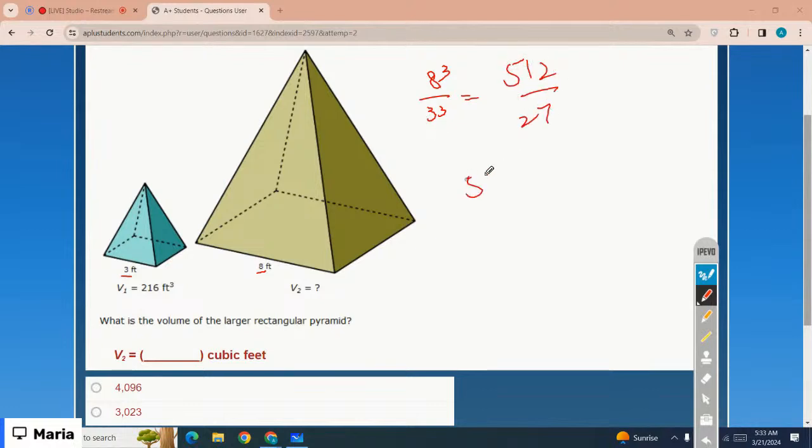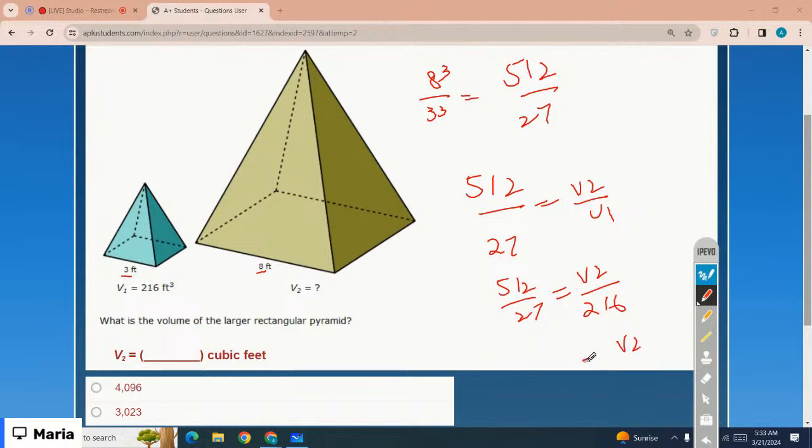Okay, then yeah, you have to equate it with the volume. So that is V2 divided by V1. 512 divided by 27 equals V2 divided by 216. So here you have V2: 512 times 216 divided by 27. So let me just do the calculations.